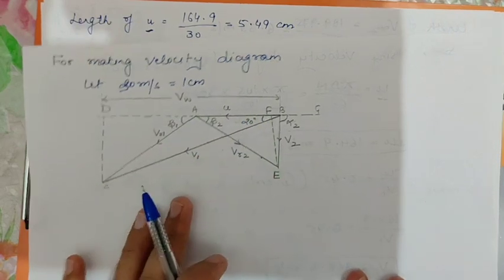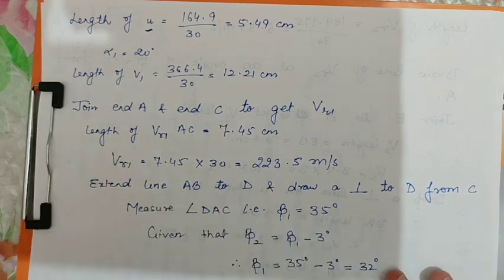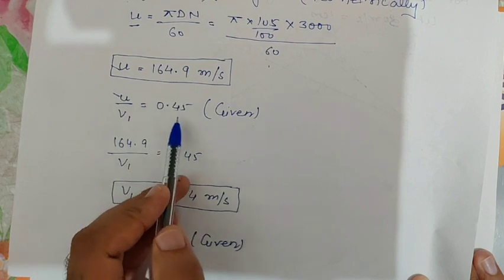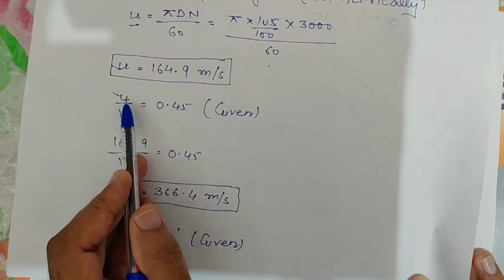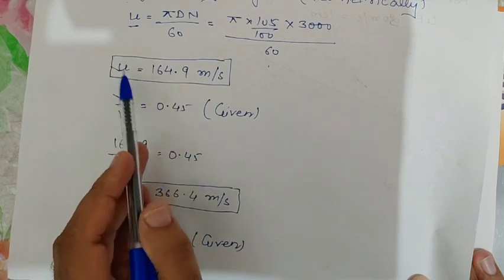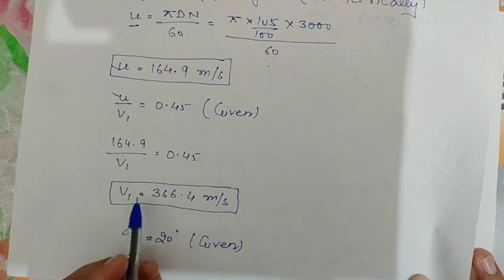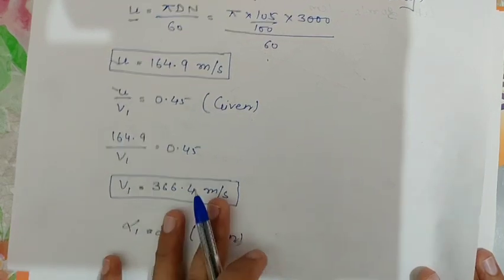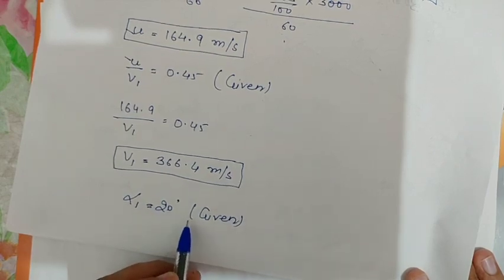After this we have to find out V1. In the question it is given that U by V1 is equal to 0.45. The value of U is calculated as 164.9, therefore V1 is equal to 366.4 meter per second, and alpha 1 is also given, that is 20 degree.